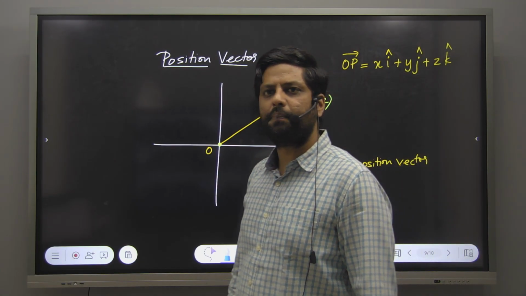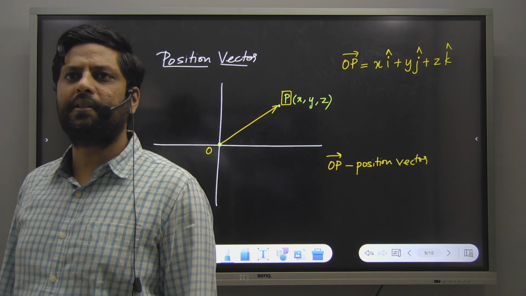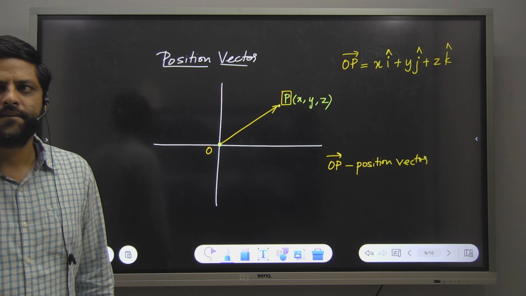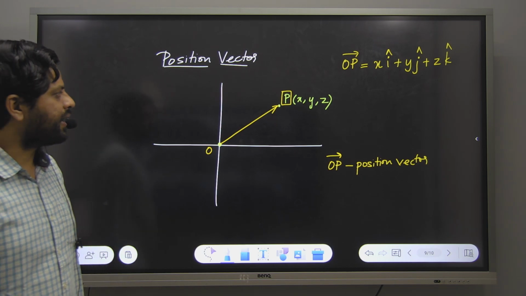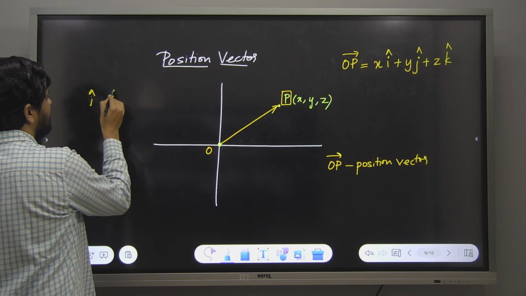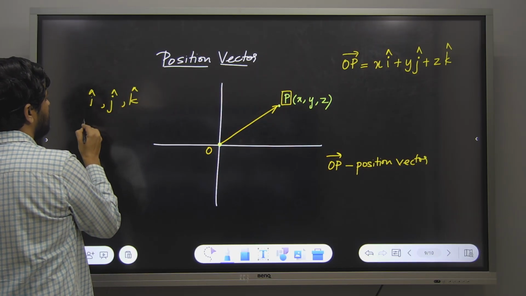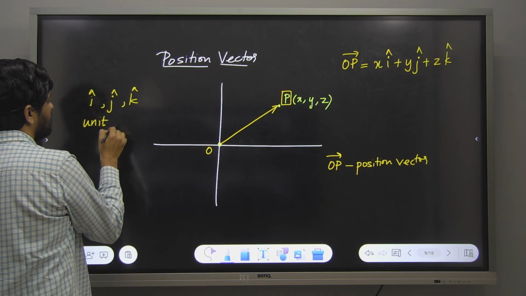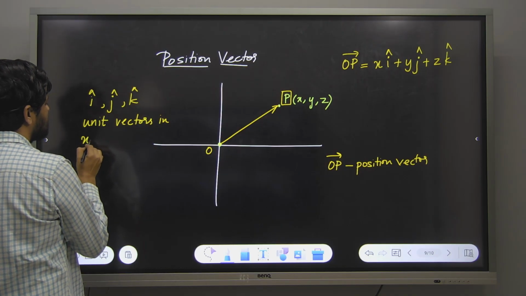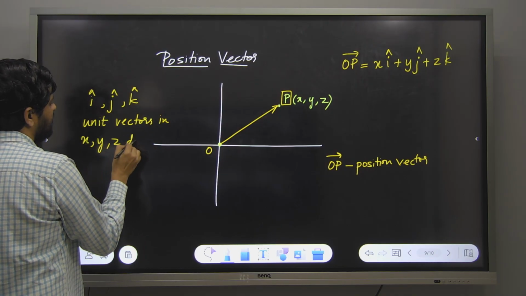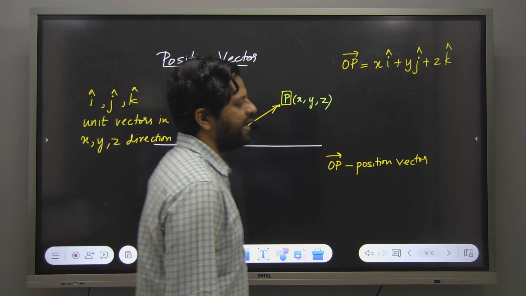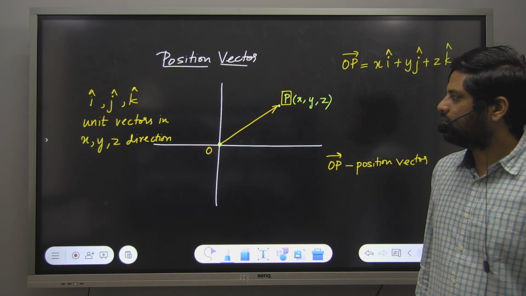What are i cap, j cap and k cap? They are unit vectors along the X, Y and Z directions respectively.